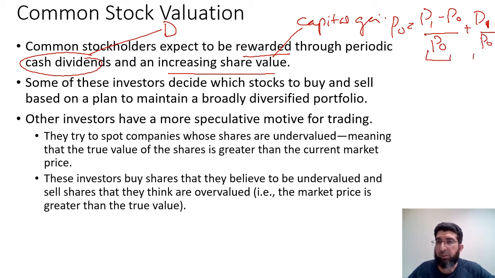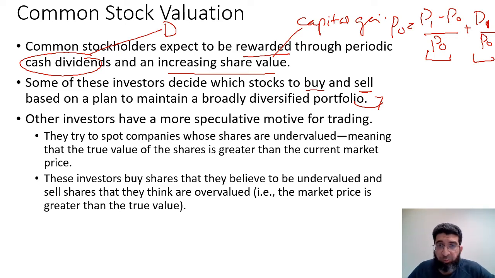Some of these investors decide which stocks to buy and sell based on a plan to maintain broadly diversified portfolios. For instance, income-oriented investors, those who create portfolios and receive certain income on a quarterly basis in order to run their daily chores or run their homes, are required to maintain investments in stocks which pay regular dividends.